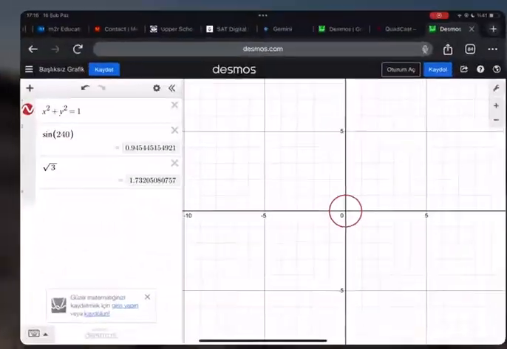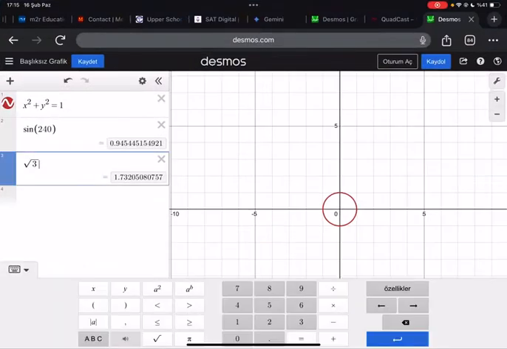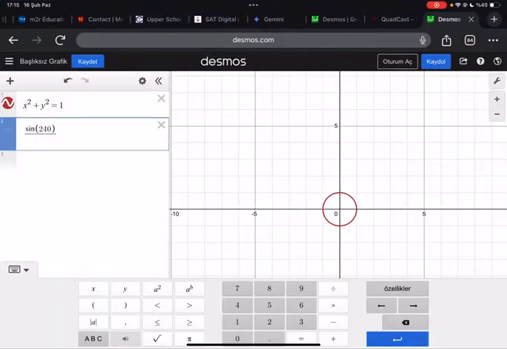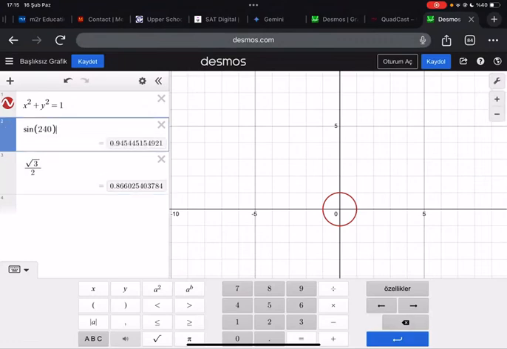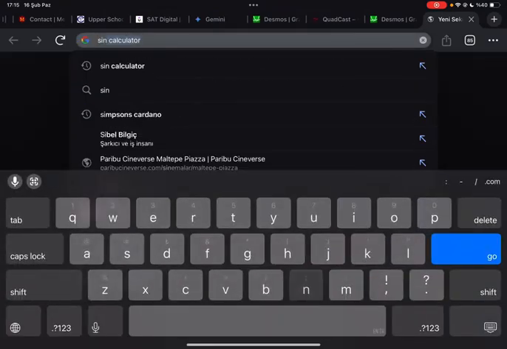Divided by 2, let's see. Square root 3 divided by 2. 0.86. But this is wrong, I think. Sine 240. Is this in degrees? Let's check here.